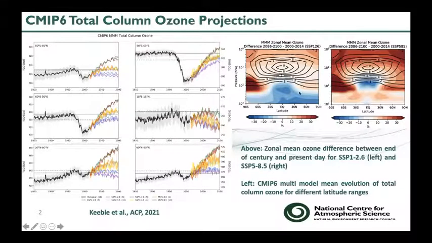But in SSP 126, the strong reductions in ozone mixing ratios in the troposphere counteract at many latitudes the increases in the stratosphere, and so you see the column never quite get back to where it was. Whereas in a scenario like SSP 585, very large increases in the stratosphere and increases in the troposphere both help push the recovery message.